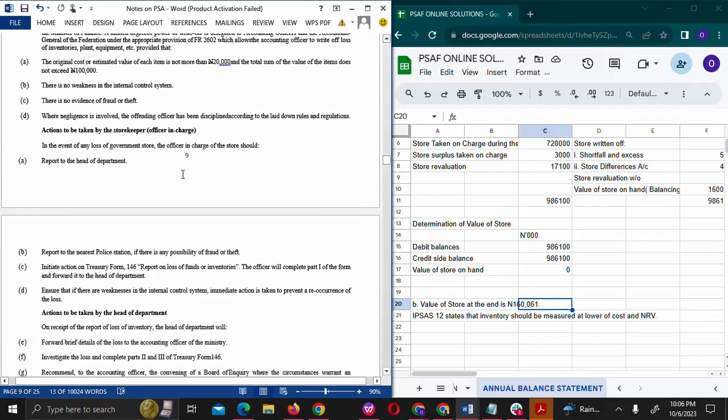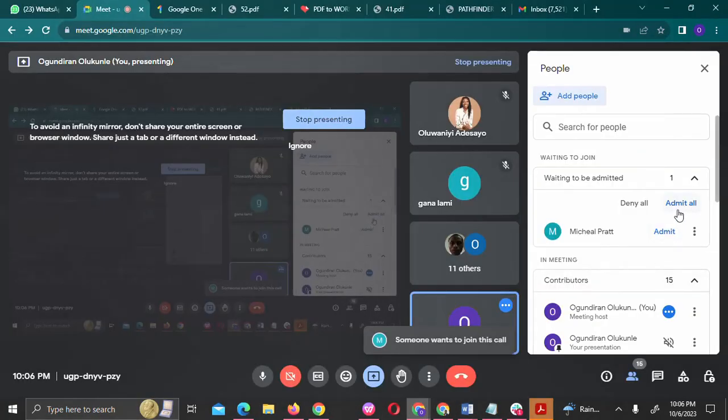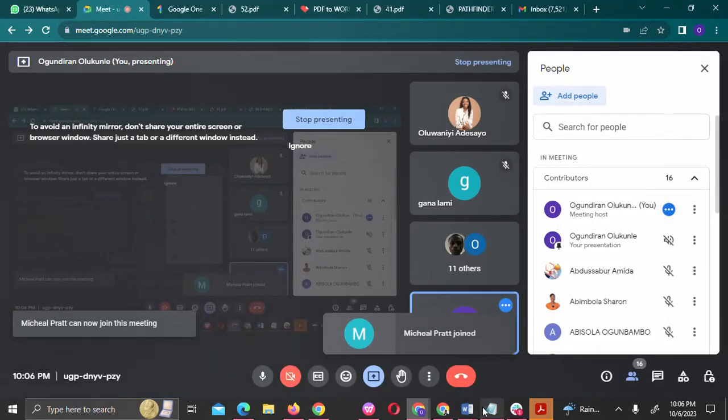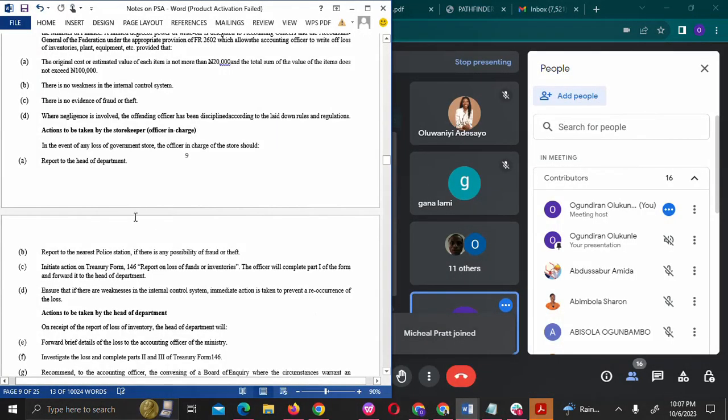And then, what are the actions that are expected to be taken by the officer in charge? The officer in charge is expected to report to the head of department, and then also report to the nearest police station in the case of fraud or theft.